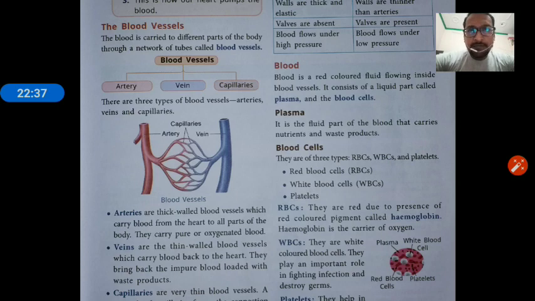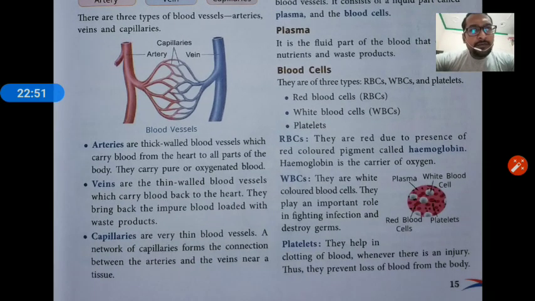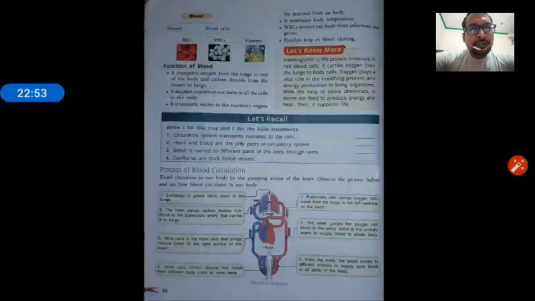And vein function is to bring the impure blood back to lungs and kidneys and filter it. So this is what is given in answer number 3.